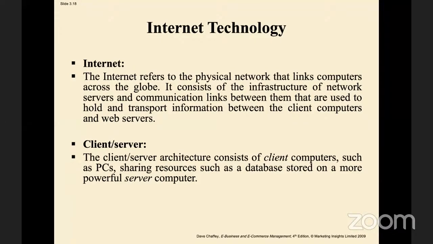We connect our computers with different servers through different network providers, and hence all the computers around the globe are connected together. It consists of the infrastructure of network servers and communication links between them that are used to hold and transport information between the client computers and web servers. So it goes both ways, towards the customers and towards the service backend and front end.